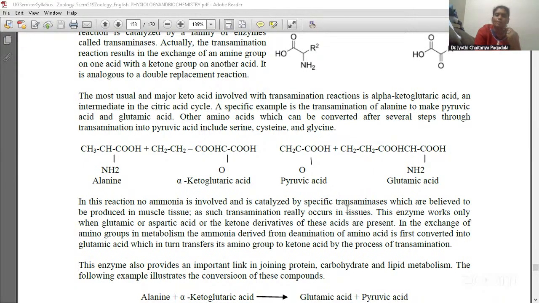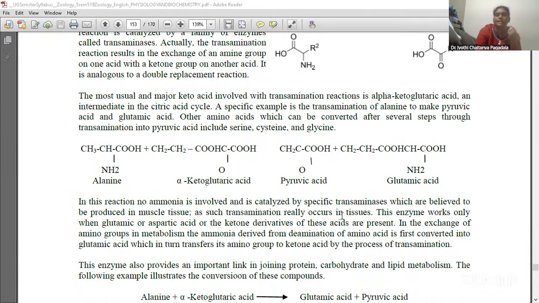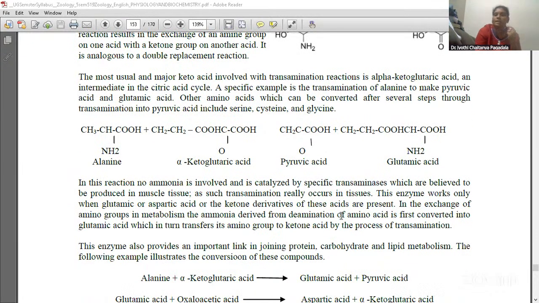The amino group derived from the deamination of the amino acid is first converted into glutamic acid, which in turn transfers its amino group to ketone acids by the process of transamination.